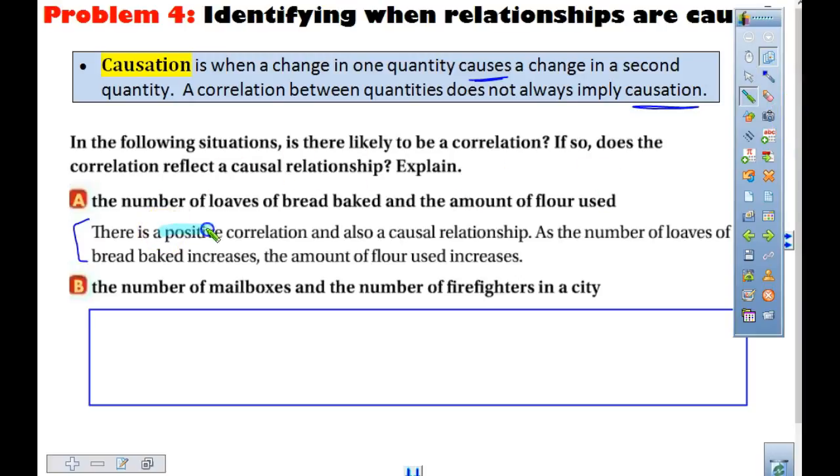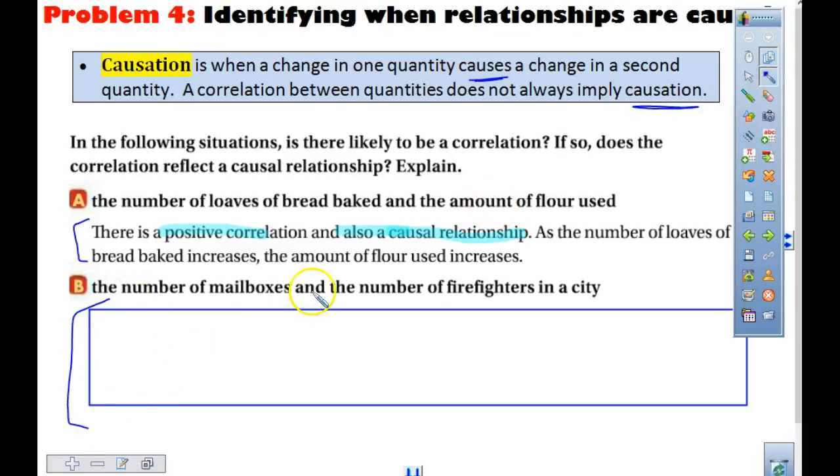The reason it's positive is because as I make more bread, it takes more flour. And in this case, it is also a cause, because baking more bread makes me use more flour, right? If I want those breads. So it is both, okay?